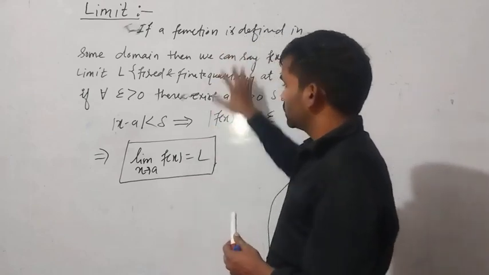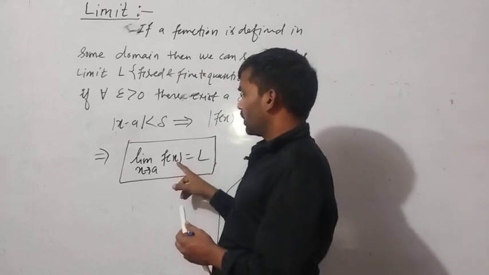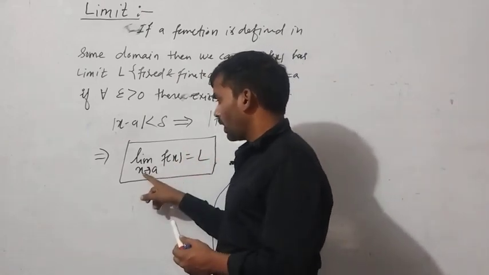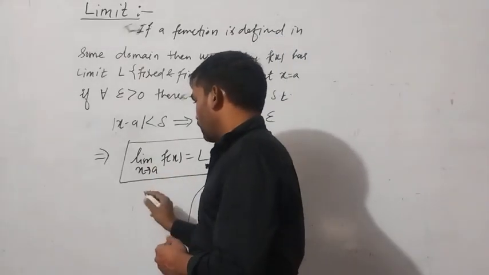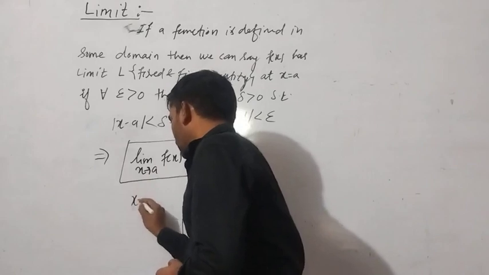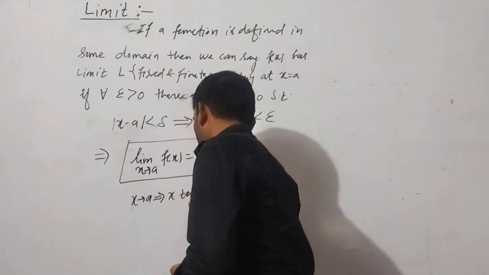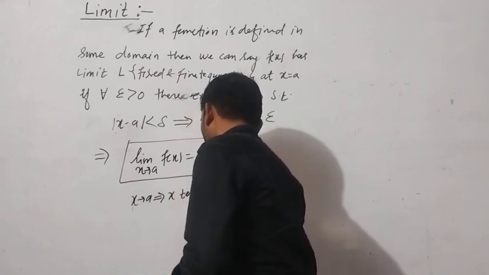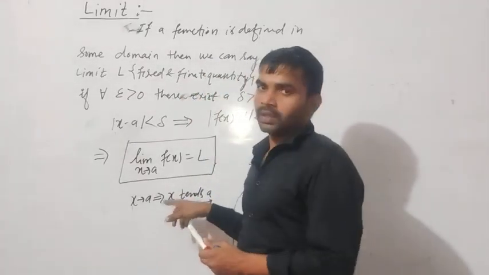If all the things exist for the function, then we can say that the function has limit L when x tends to a. Okay, so here we will read it as x tends to a. But what is the meaning of x tends to a?